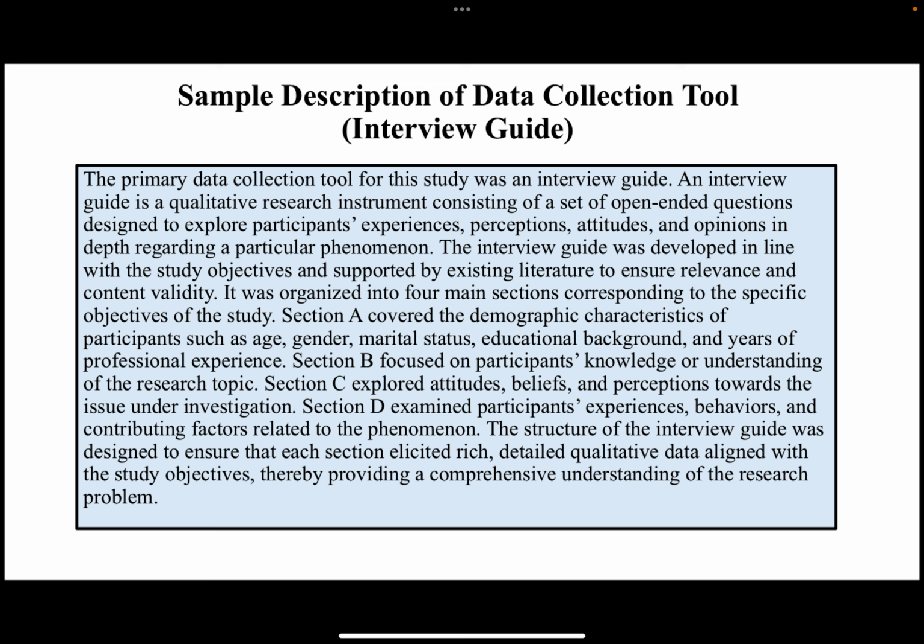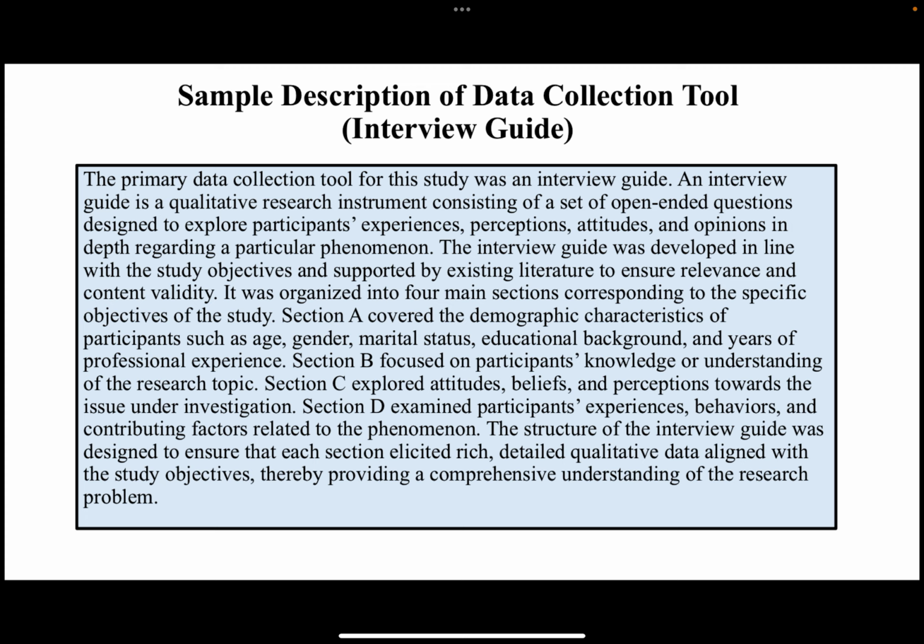An interview guide is a qualitative research instrument consisting of a set of open-ended questions designed to explore participants' experiences, perceptions, attitudes and opinions in depth regarding a particular phenomenon. The interview guide was developed in line with the study's specific objectives and supported by existing literature to ensure relevance and content validity.